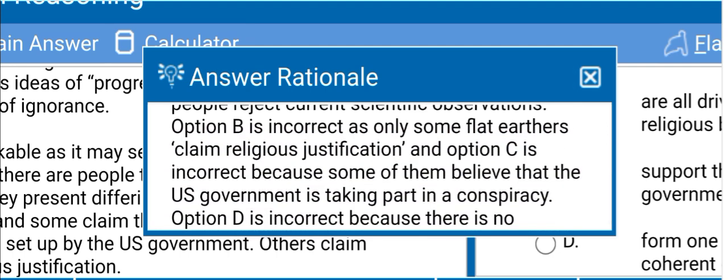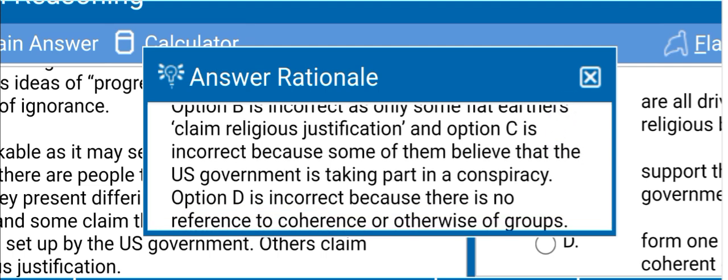Option B is incorrect, as only some flat earthers claim religious justification. And option C is incorrect, because some of them believe that the US government is taking part in a conspiracy.